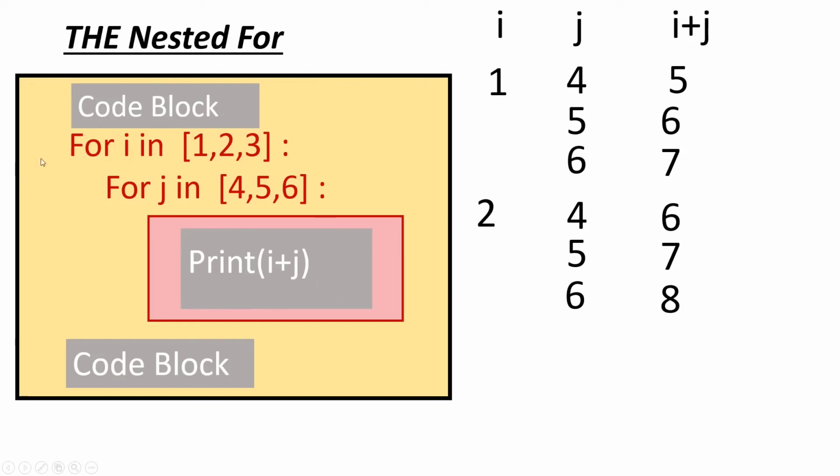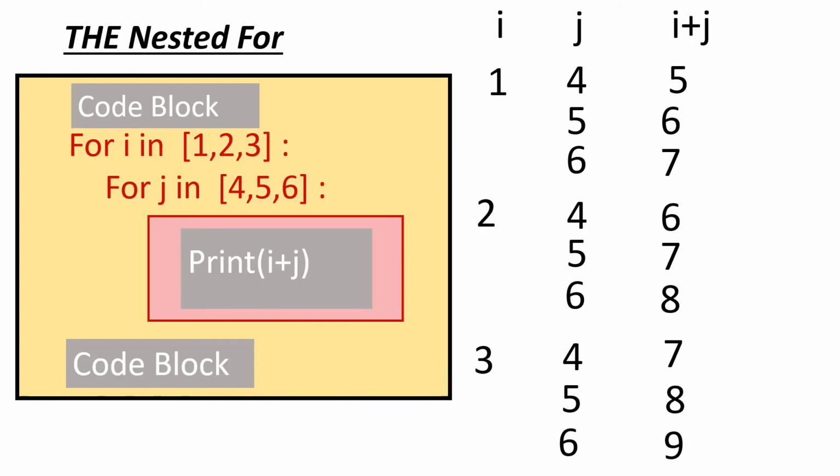Then we go up again for the next iteration. Since for the value 2 in i, we went through all the values in j up till 6, now i will take the next value 3. Same way it will happen. j will take 4, the next time j will take 5, i remains 3, and j will take 6, and we get our output as 9.